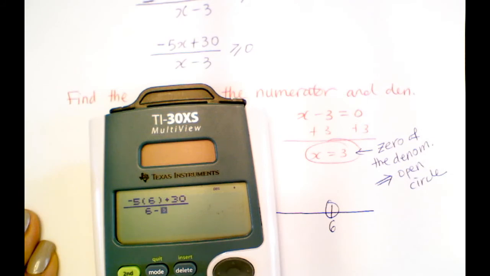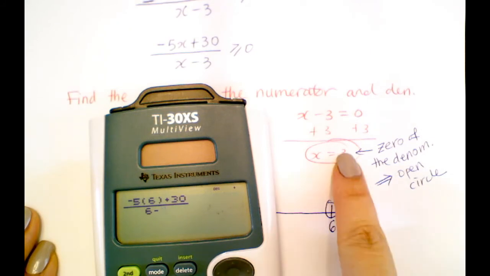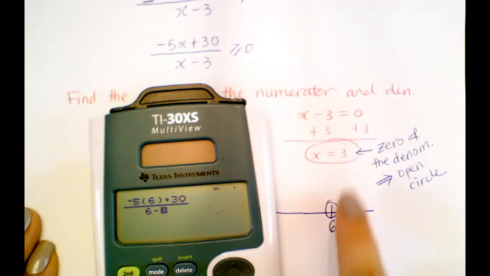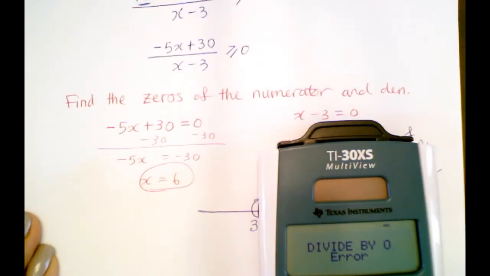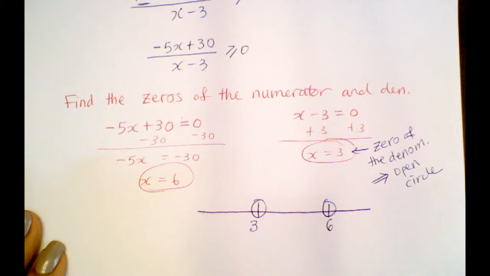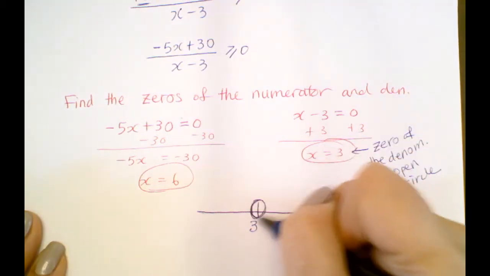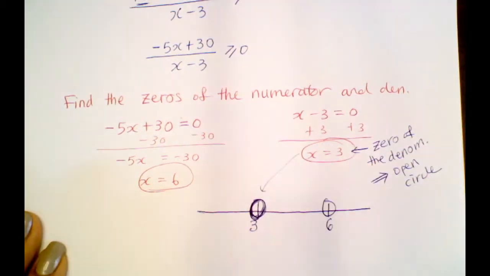Oh, I was going to plug in 3. I was looking at the wrong number. Let me change that to 3. Sorry. And if I plug in 3, what happened? It says divide by 0 error. So this one has to be open.